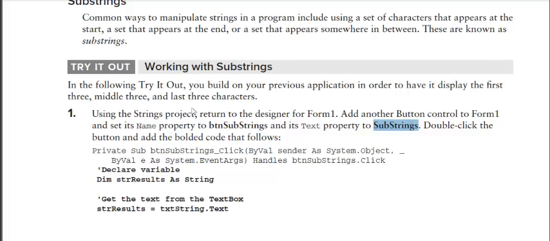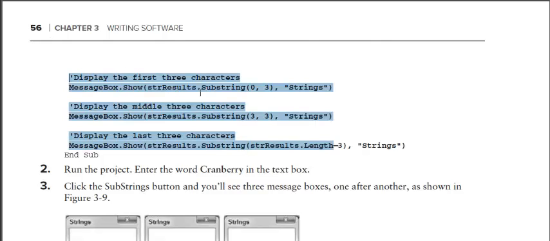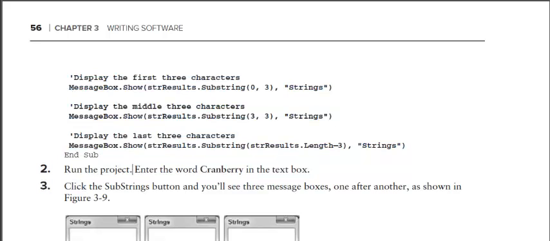Okay, so we're going to get substrings. And double click the button and add in this code and this code. Okay, and pause the video while you do that, and then let's discuss the code.